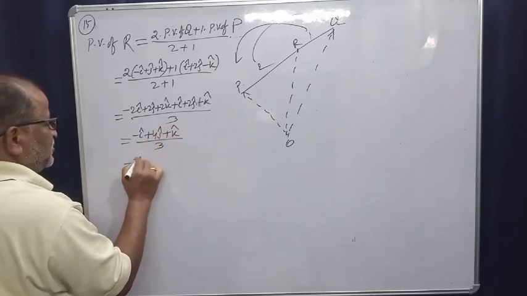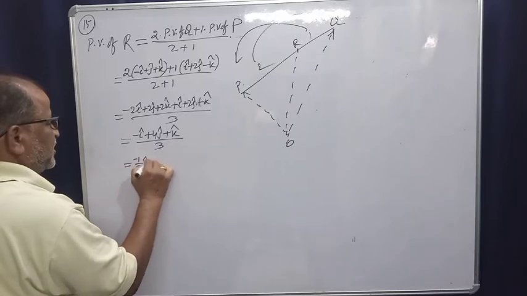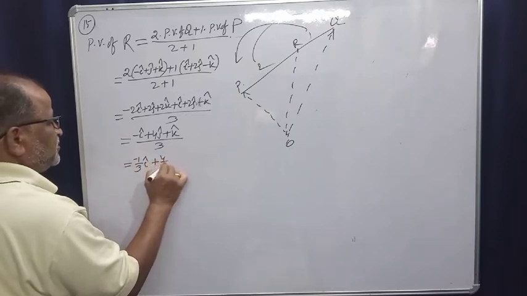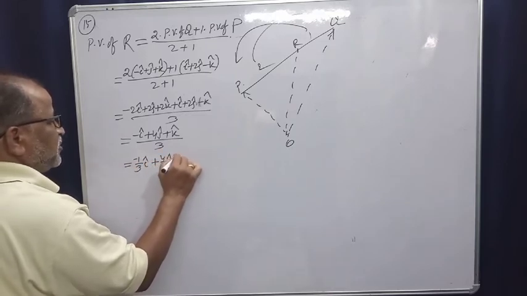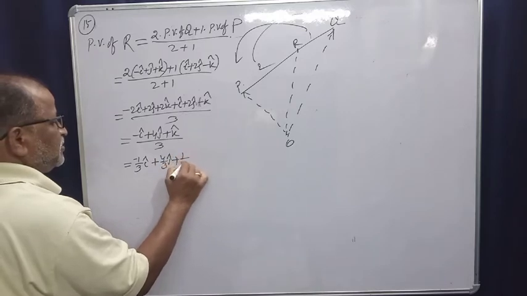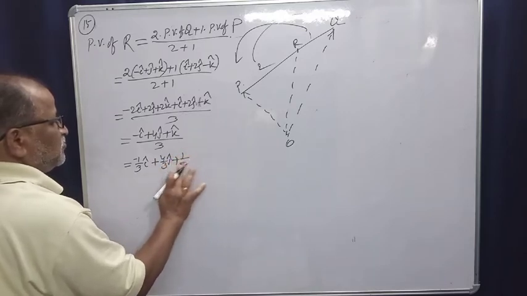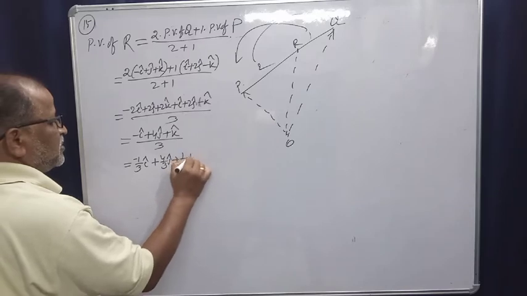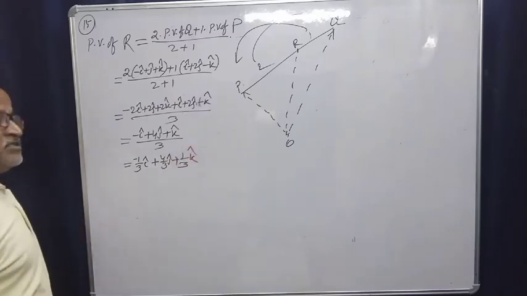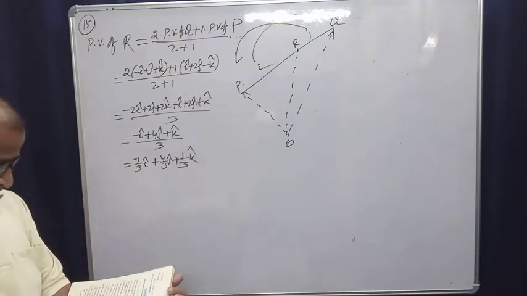That is minus 1 by 3 i cap plus 4 by 3 j cap plus 1 by 3 k cap. This is the position vector of R.